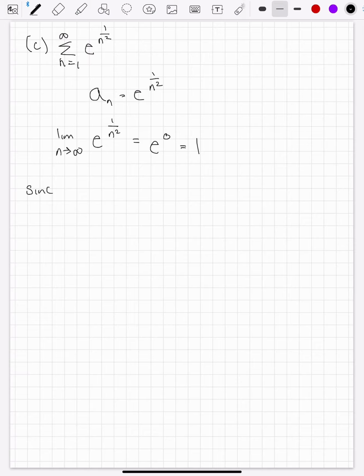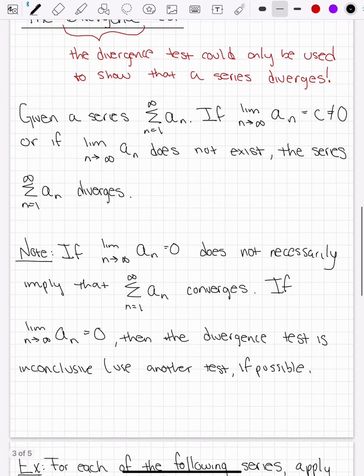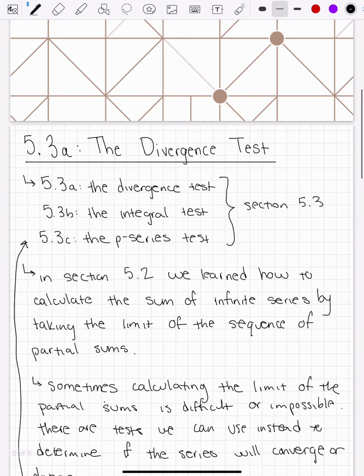So since the limit of our an, which was e to the 1 over n squared, is equal to 1, which is not 0, then the divergence test tells us this series is going to diverge. It says that the sum from 1 to infinity of e to the 1 over n squared diverges. And I'll stop there in this video, and then in the next video we'll pick up with the integral test. Thank you.